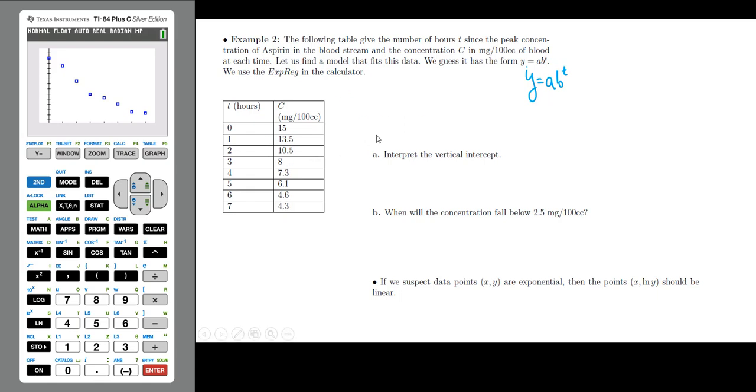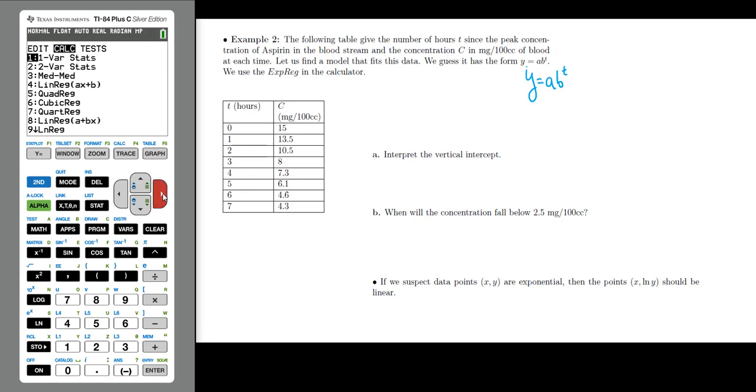So if you go to stat again, go over to calc, then you can fit an equation that looks like that by going to exponential regression. So that's number 10 in mine. So exponential regression, and again, some of you may have this screen, some of you may not, but we just do the same thing as the last one.